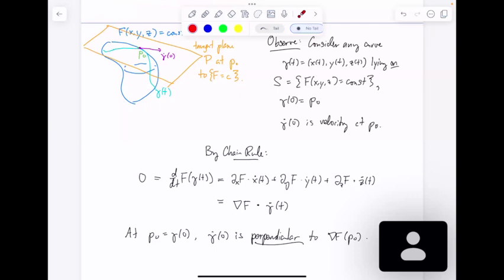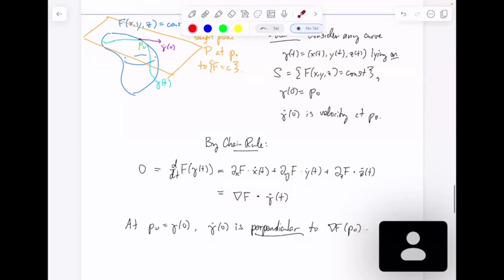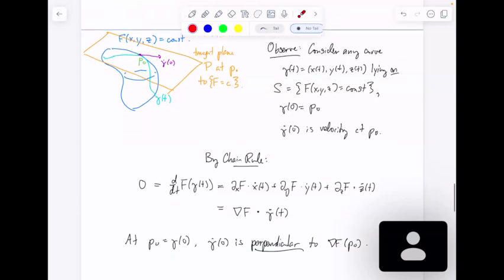So let me recap what I mean. Every single vector at p0 that is tangent to the surface at p0 has to be perpendicular to the gradient of f. All right, so if I now consider the tangent plane at p0 to be the collection of all possible vectors that are tangent to my surface at p0, then every single one of these vectors has to be perpendicular to grad f.